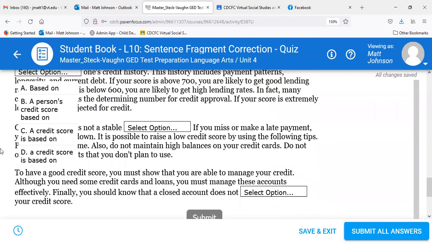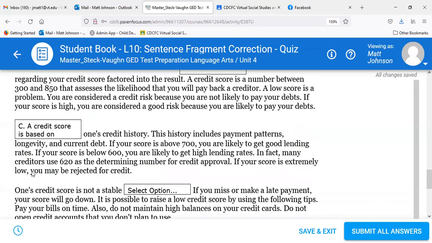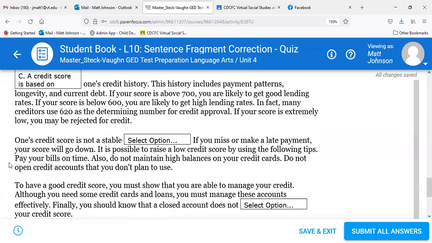And then I think the answer is C. "A credit score is based on one's credit history. This history includes payment patterns, longevity, and current debt. If your score is above 700, you are likely to get good lending rates. If your score is below 600, you're likely to get high lending rates. In fact, many creditors use 620 as the determining number for credit approval.